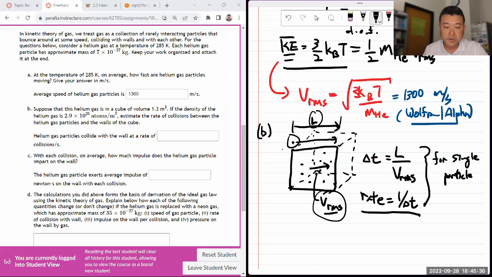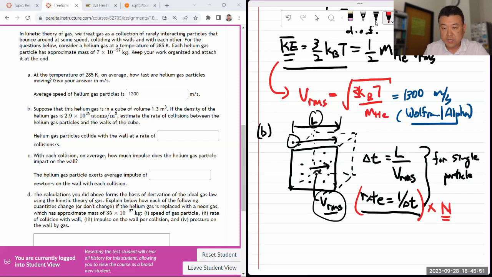To get the number they are expecting, where they've already given me the density of the helium gas particles, I'll have to take this rate that I got and multiply it by the total number of particles.